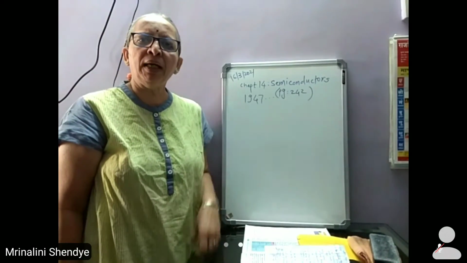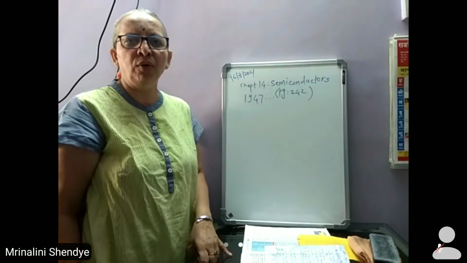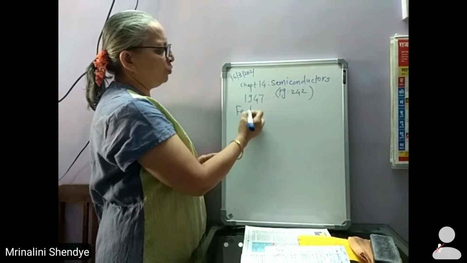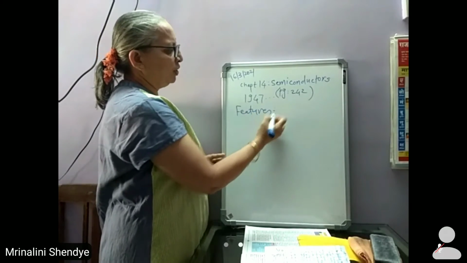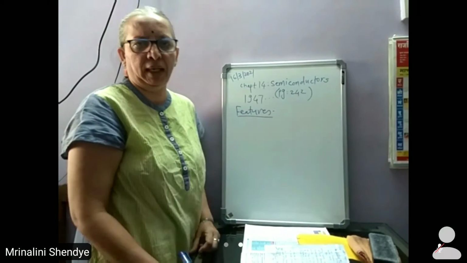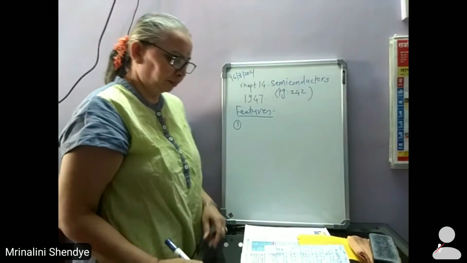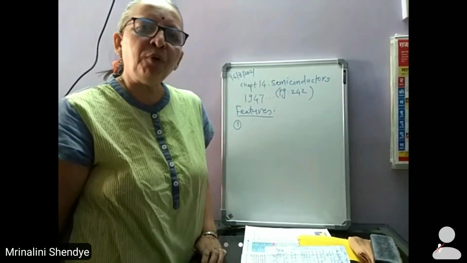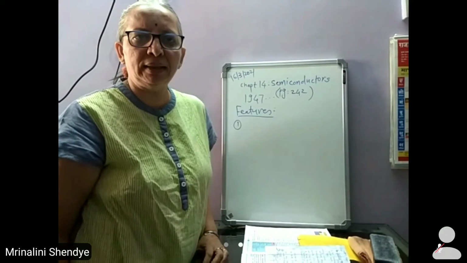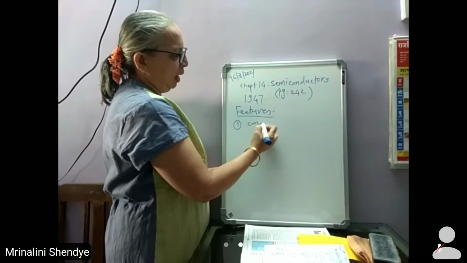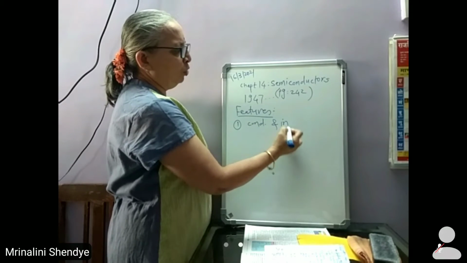These semiconducting materials have few particular features. So first we will discuss the features of semiconducting materials. Point number 1: electric properties of these materials are different from conductors as well as insulators.